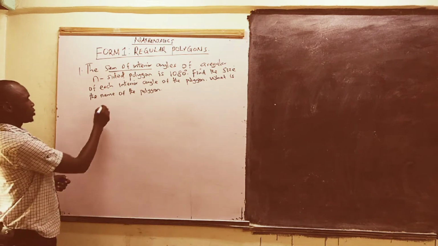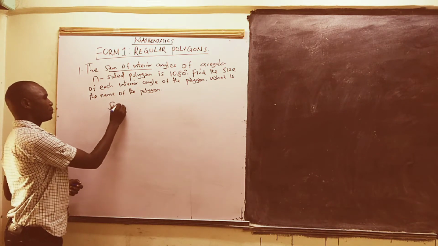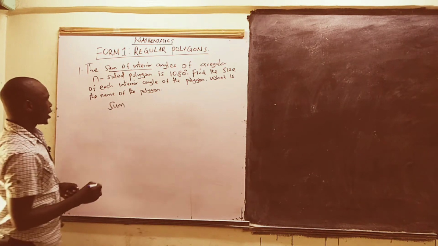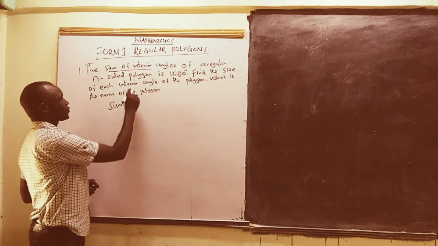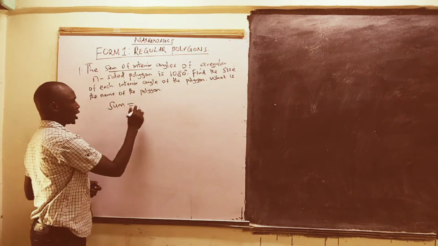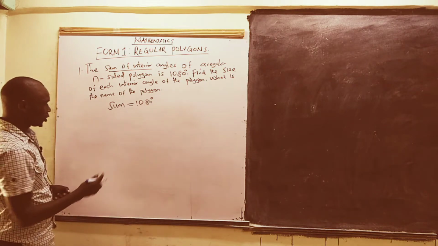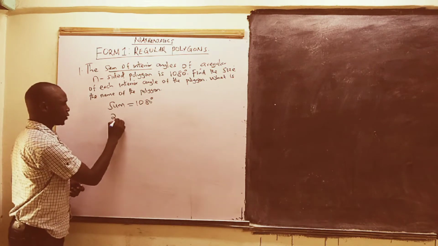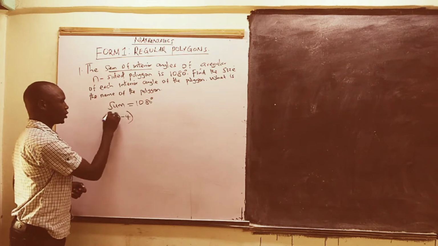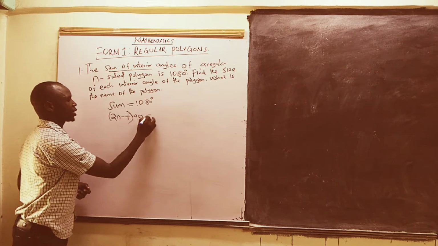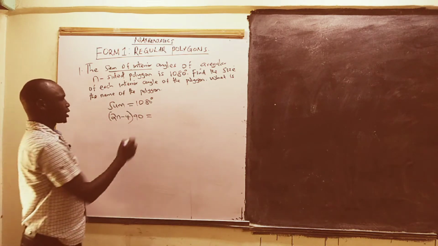The first thing you need to understand is that we have the sum, and the sum of the interior angles is given as 1080 degrees, and we know to find the sum, the formula is 2n minus 4, we multiply by 90, and this must be able to give us 1080.